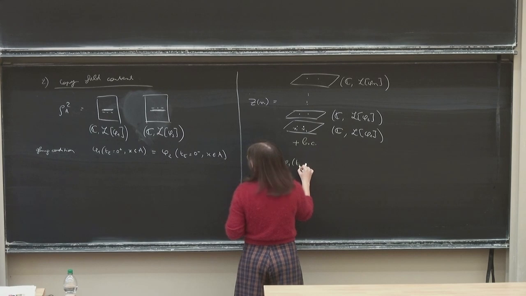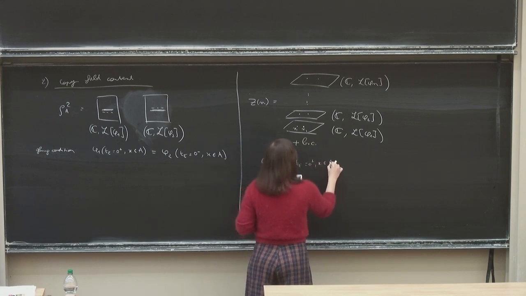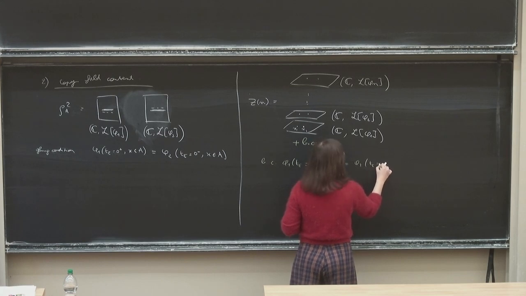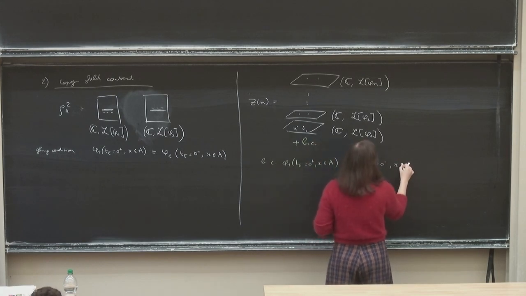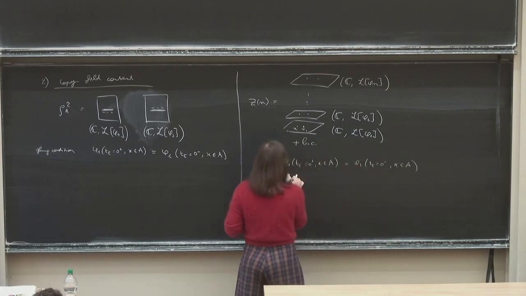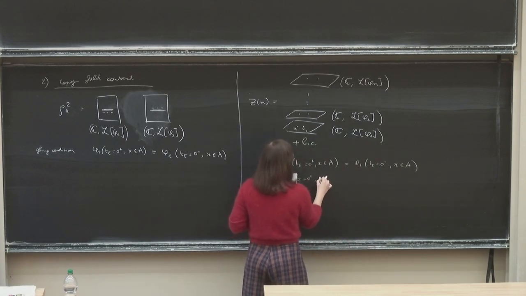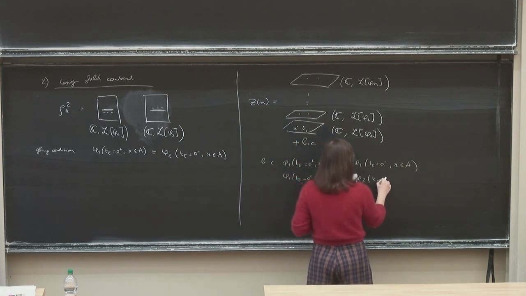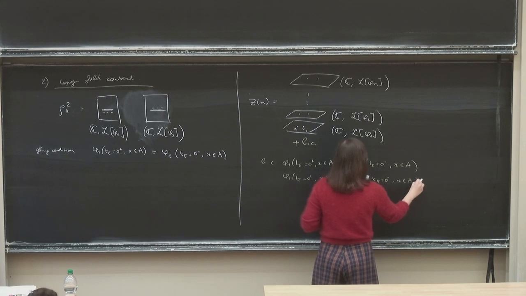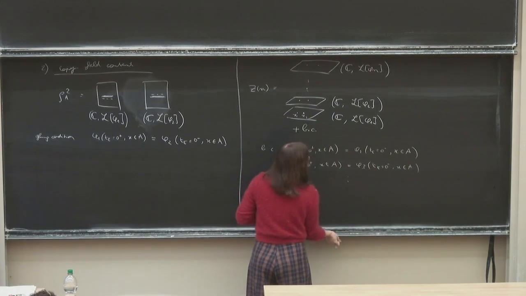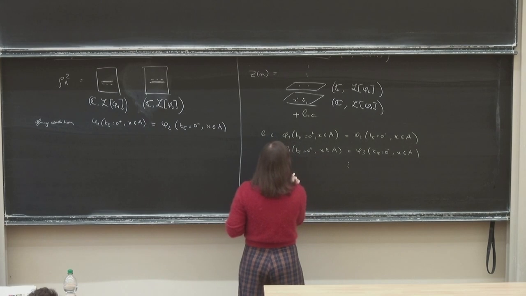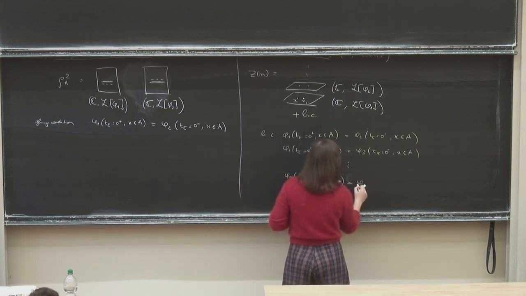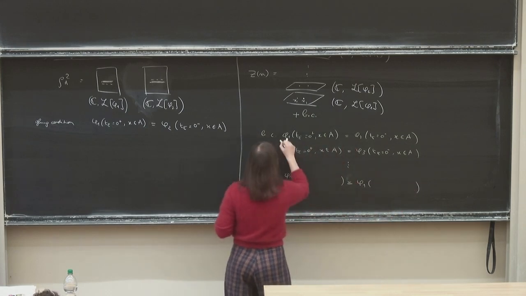So I have phi 1 should be equal to phi 2 along A. Phi 2 should be equal to phi 3. And of course we keep going until we have phi n, which should be equal again to phi 1.